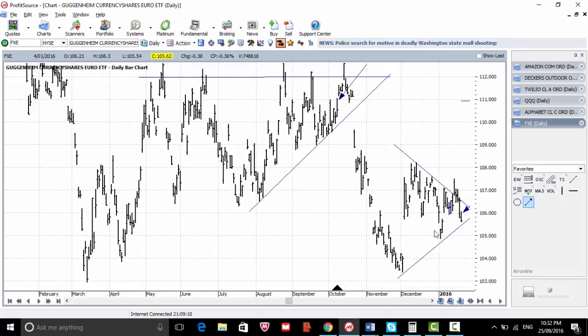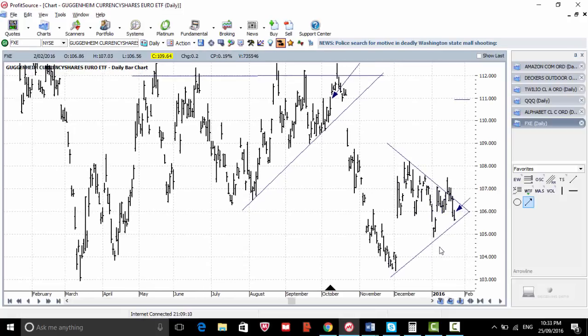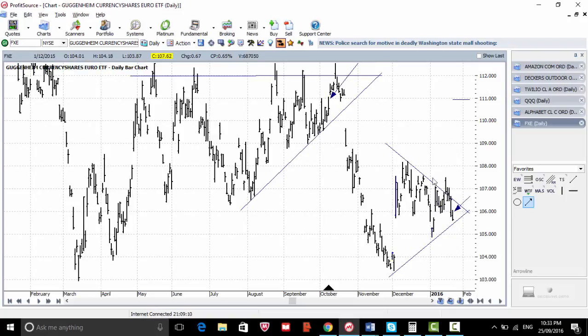The stock, in this case the euro, is making higher lows, but the highs are becoming lower and lower, and you're getting this tight triangle formation. This is another breakout pattern.